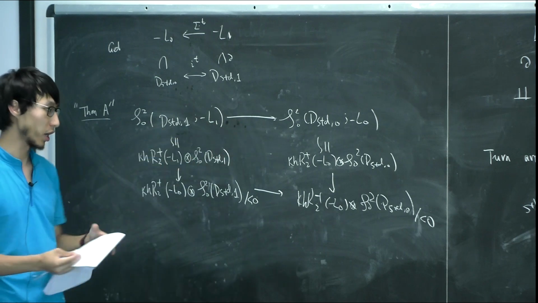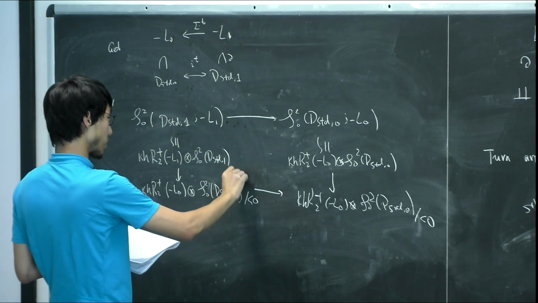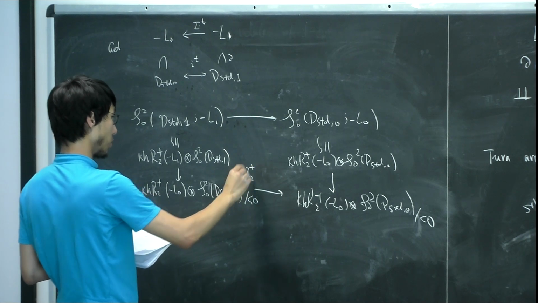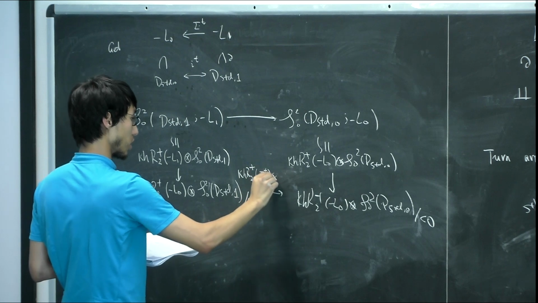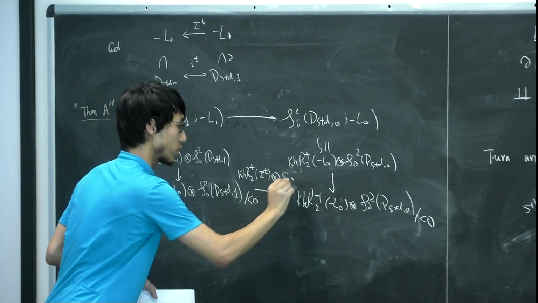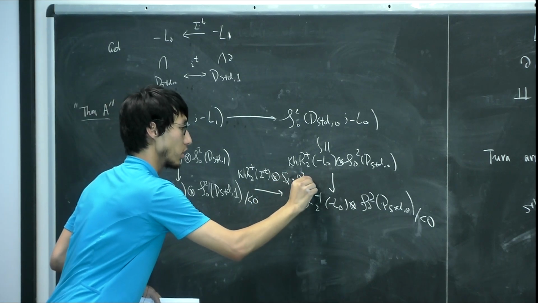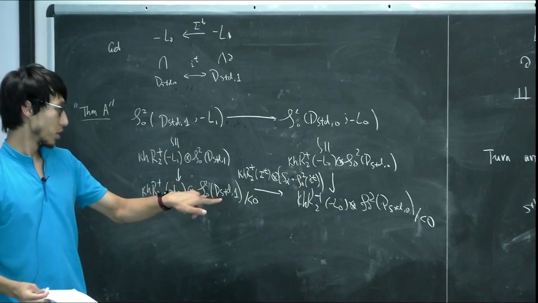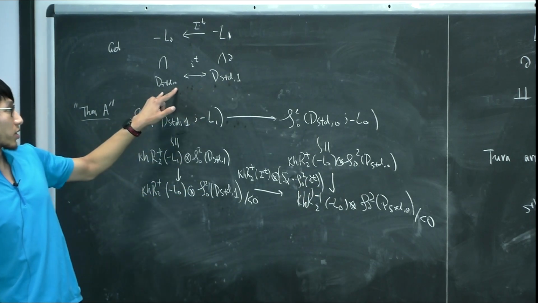It's already defined. The theorem is that we can fill in this lower arrow by some map of the form KHR2 plus sigma transpose tensor some group action. So we have an embedding from D standard 1 to D standard 0.